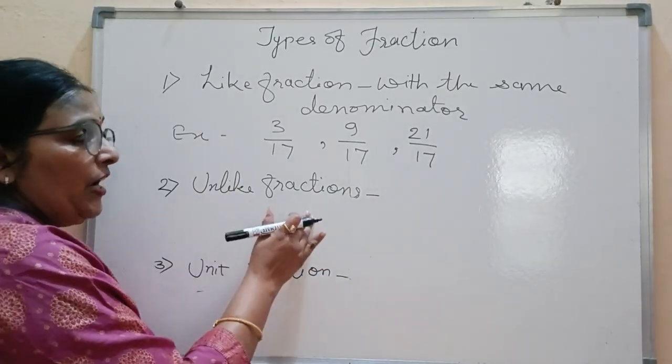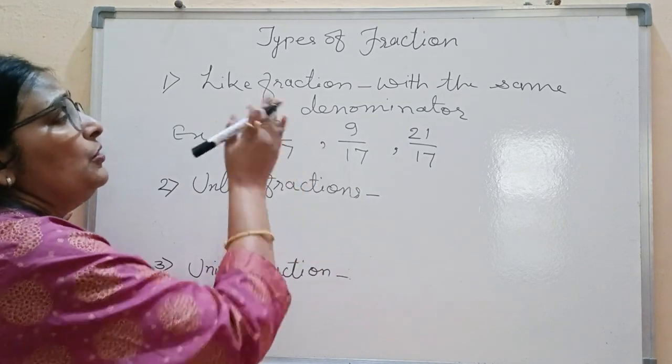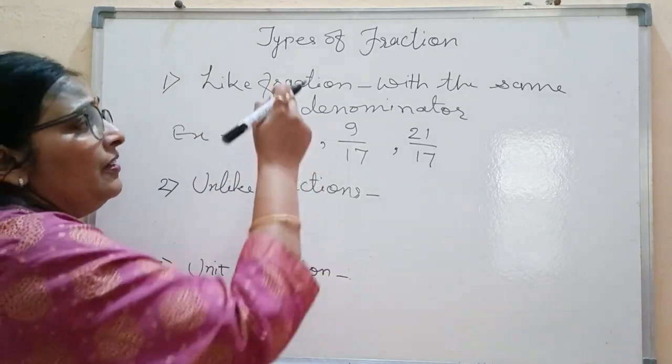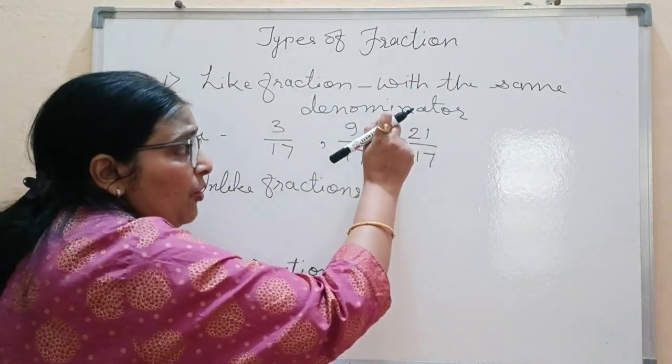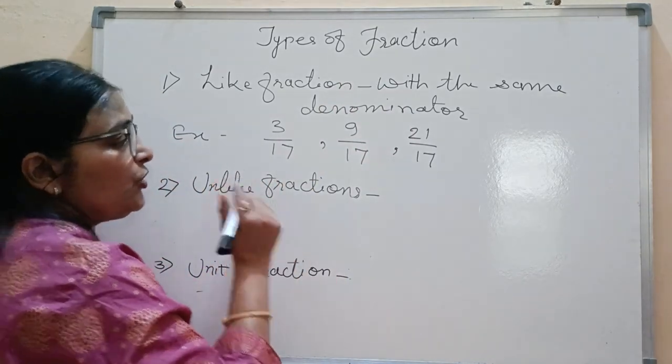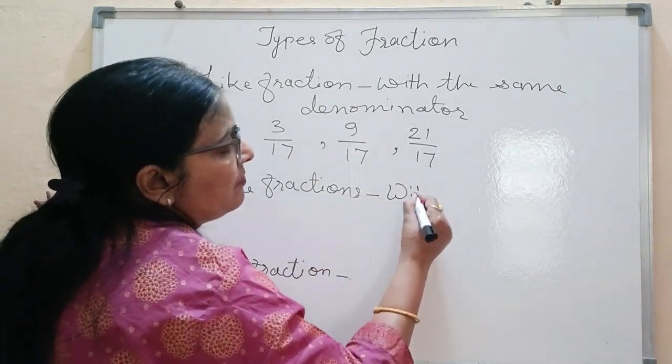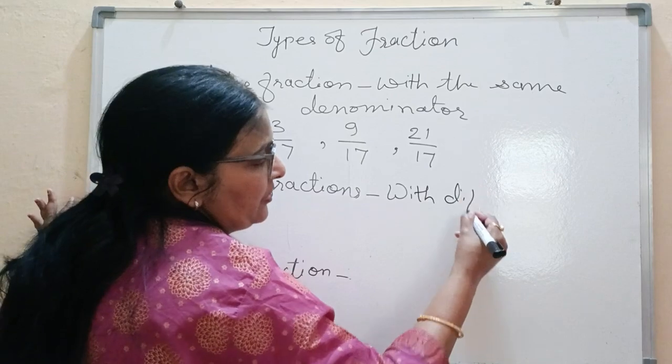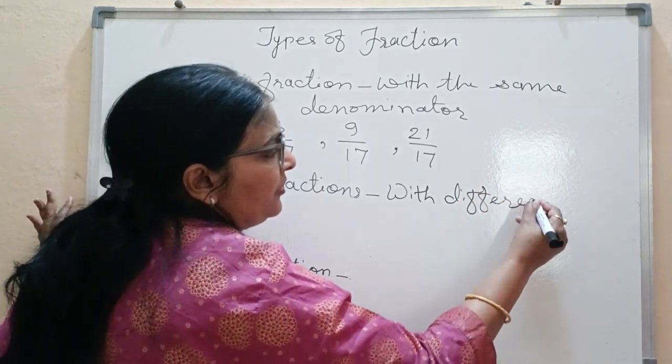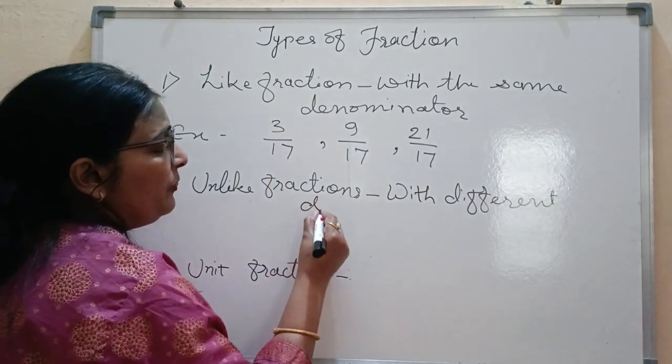Now unlike fractions are just the opposite of like fractions. Like fractions have the same denominator; unlike fractions have different denominators.